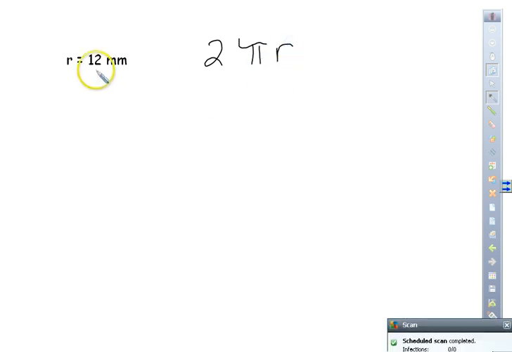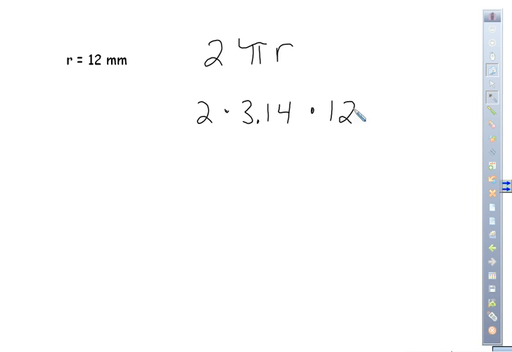All right, since they gave us the radius, we're going to use 2 pi r, and we're going to simply take 2 times my 3.14 times my radius, which is 12, and then plug that into the calculator. 2 times 3.14 times 12 gives me 75.36, and it is millimeters.